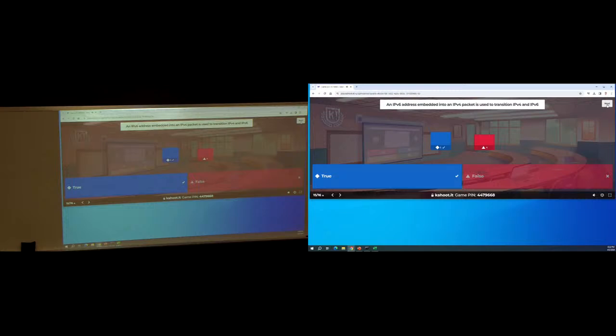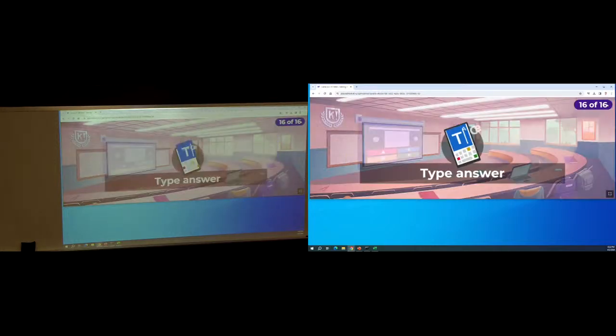Yeah, that's that embedded where you can embed the IPv4 packet or the IPv6 packet in the other one so that it can move across the network.